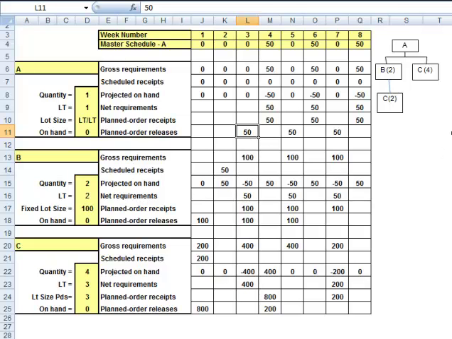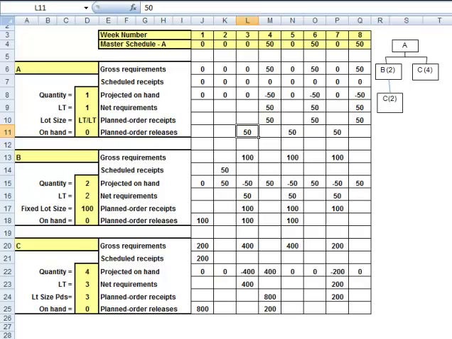Well, let's do a little analysis on Part C. How many C's are required in order to make 1 A? How many C's are required to make 1 A?